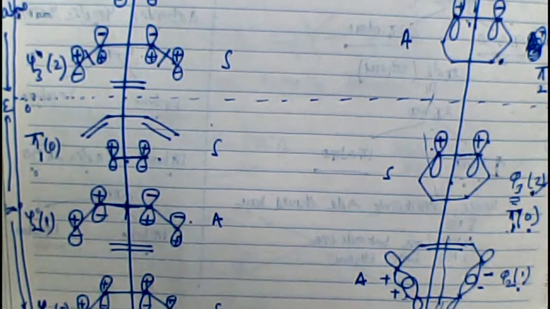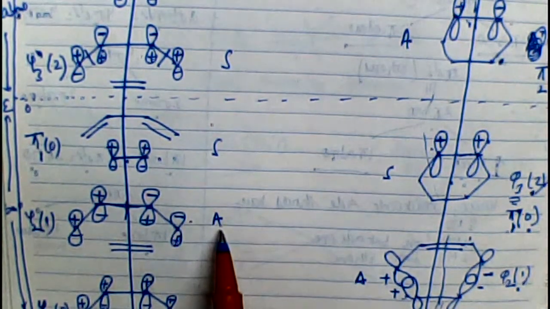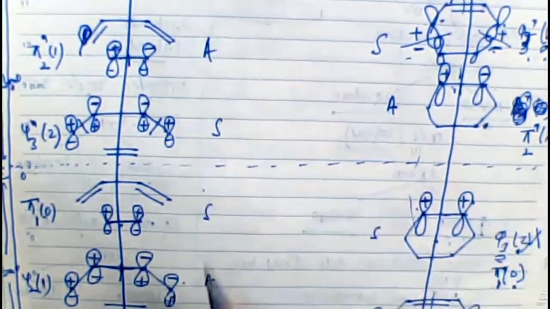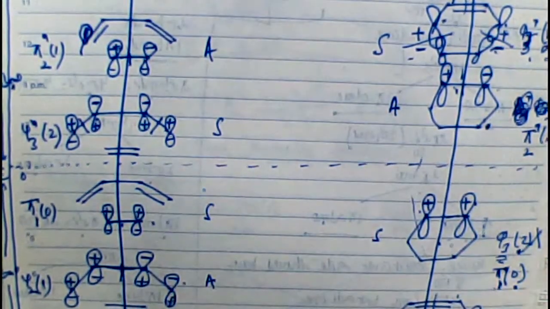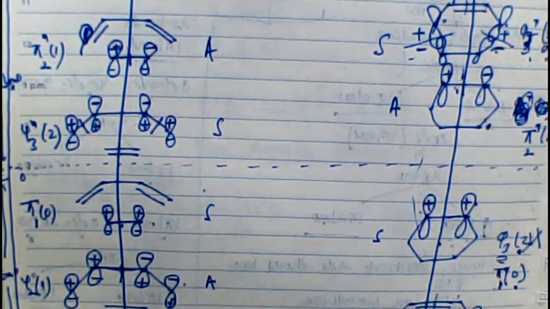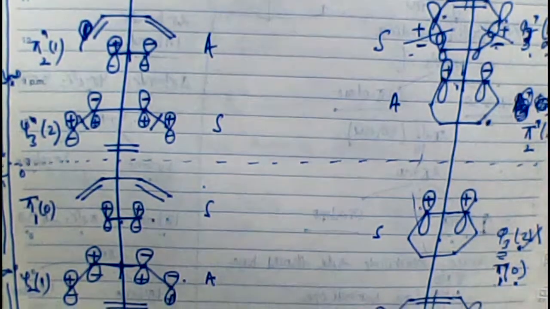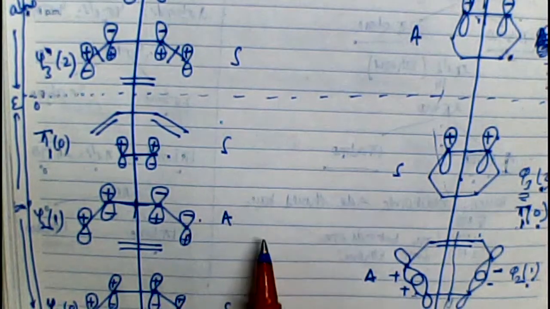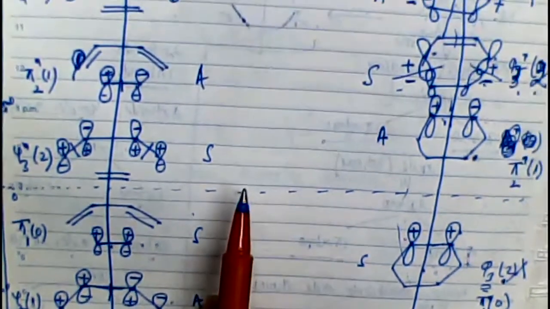If the first orbital is symmetric, the second would be antisymmetric, the third symmetric, and the fourth antisymmetric. That means going from one orbital to the next, you encounter reversing symmetry: if the first is symmetric, the next higher energy one is antisymmetric, then symmetric, then antisymmetric.